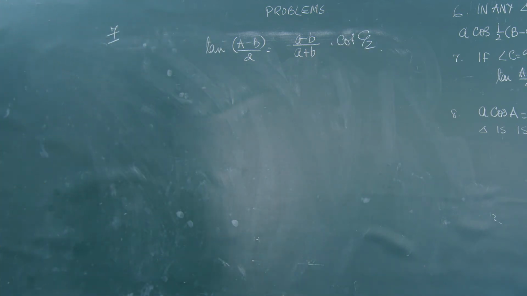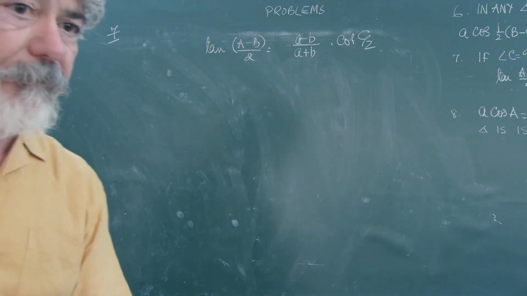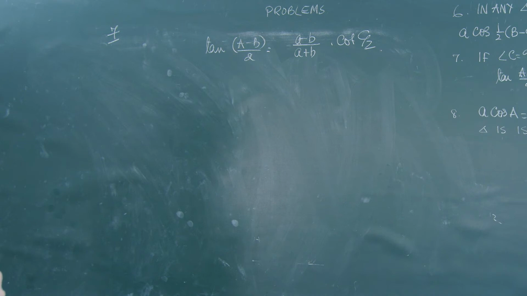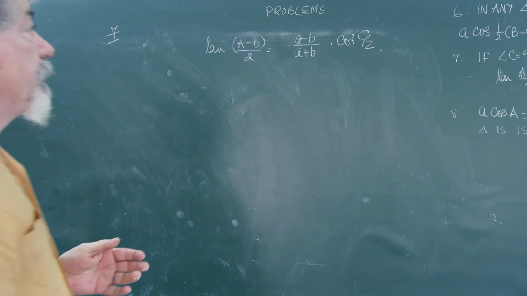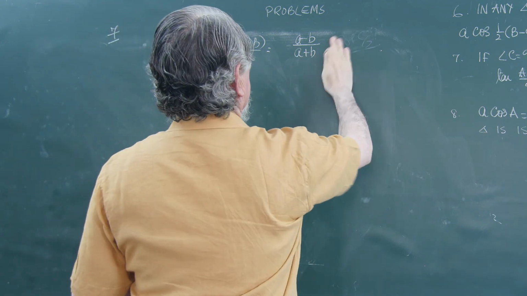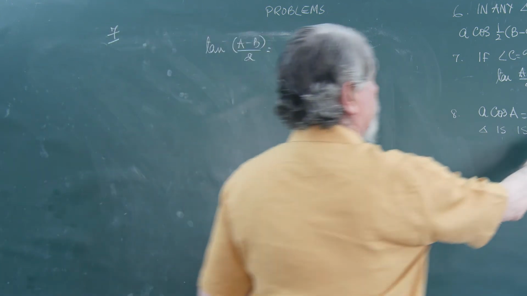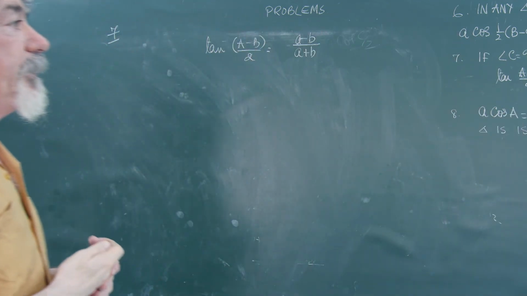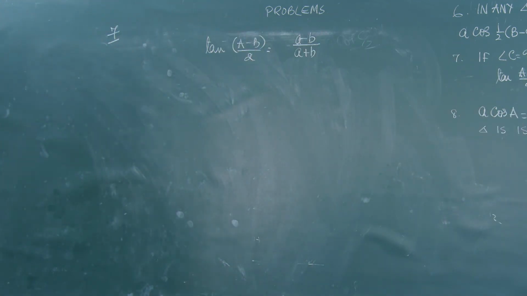If C is 90, obviously C by 2 will become 45. You have to prove that tan (A minus B) upon 2 is equal to (a minus b) upon (a plus b) if C is 90.